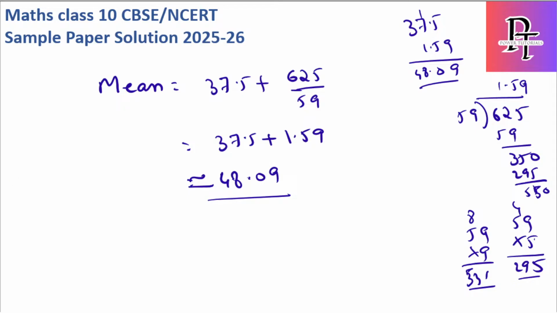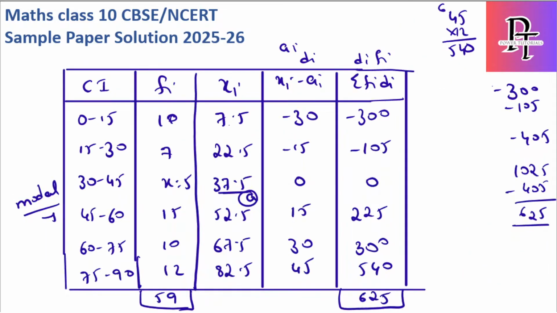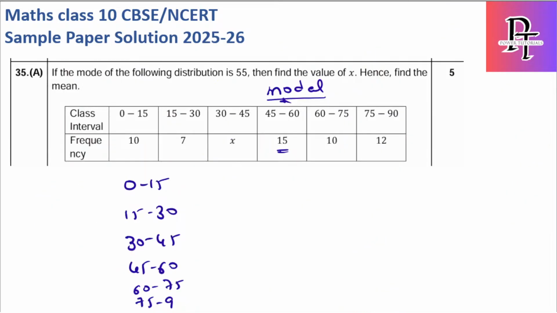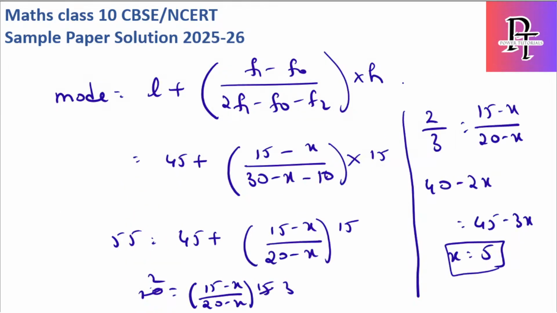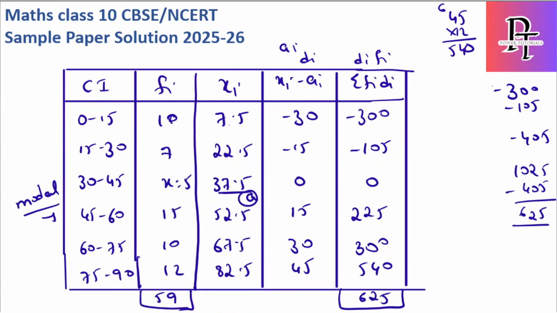Okay, so you have to follow all these steps to get this approximate answer. So hope you understood how to find the mode first and get the x value. Till the x value you will get 2 marks, and this mean calculation will get 3 marks.